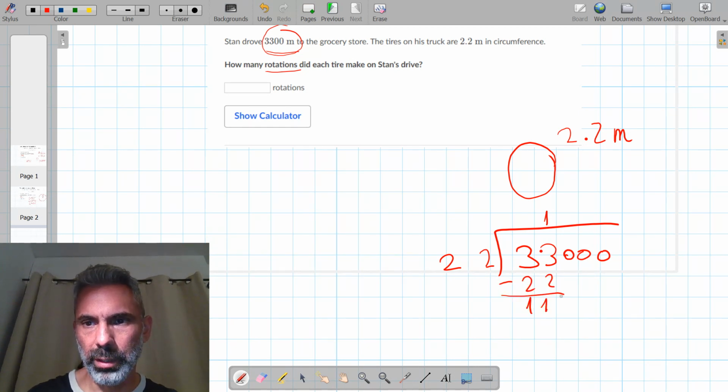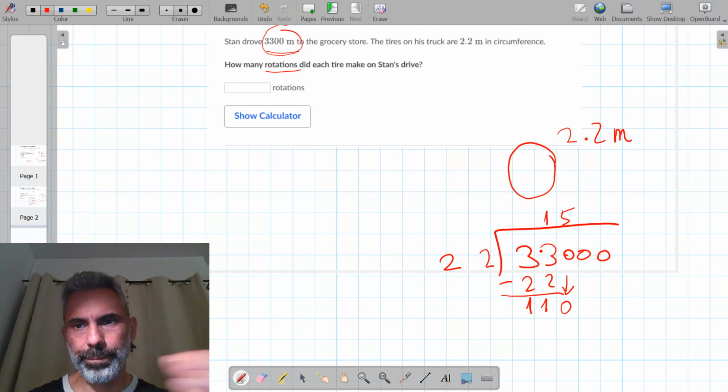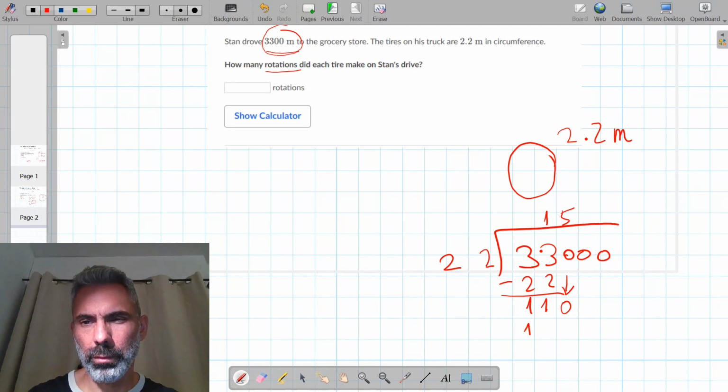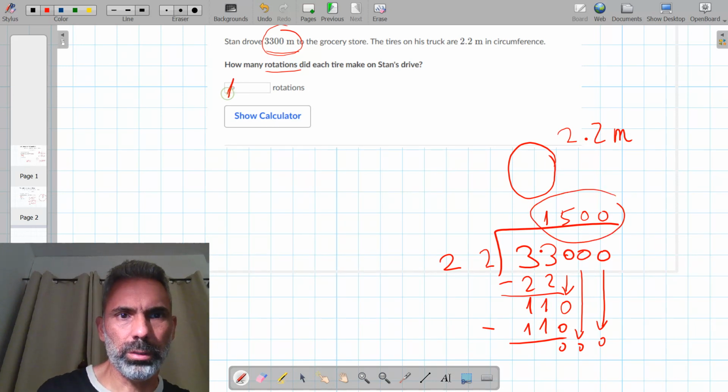The difference is 11, bring down 0. 5 times 22 is 110. 5 times 20 is 100, 5 times 2 is 10, so no remainder. Bring down the zeros. So 1500 rotations.